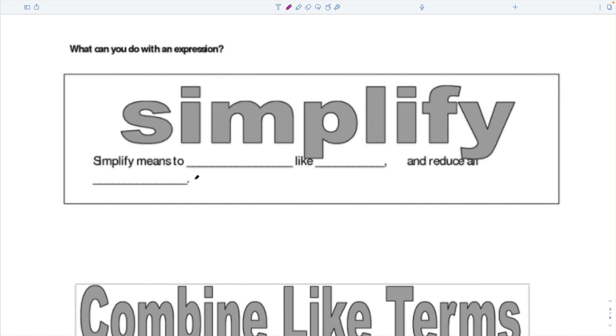What can we do with an expression? An expression can always be simplified.